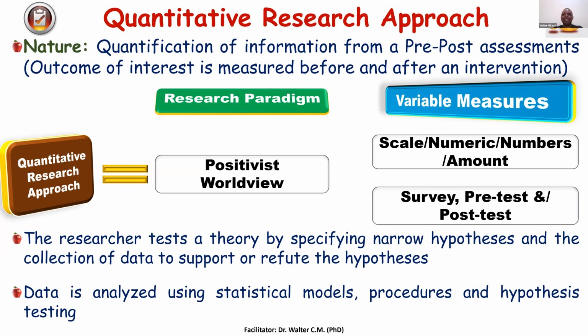And here, as I said, the researches applied can be surveys, but also interventional studies that rely on the baseline assessment and the end-line assessment through pre-test and post-test. The researcher under the quantitative research approach is expected to test theories or models by specifying null hypotheses that will bring you to the information, either to support or not to support, for those doing interventional studies.